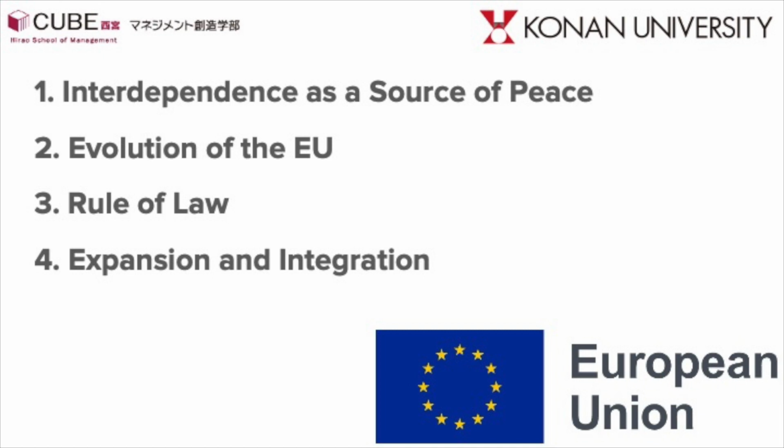Also, the progression from an economic community to a political union underscores the EU's adaptive nature. So the establishment of the European Parliament, Court of Justice, and the European Commission signifies the deepening of ties and shared governance mechanisms among member states.